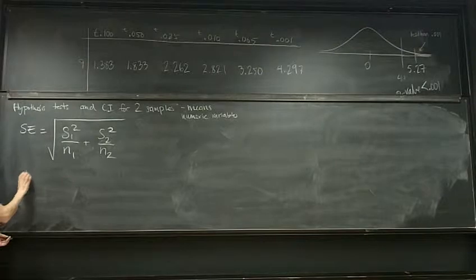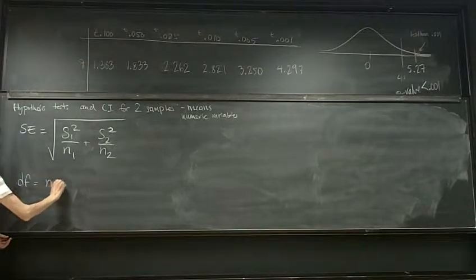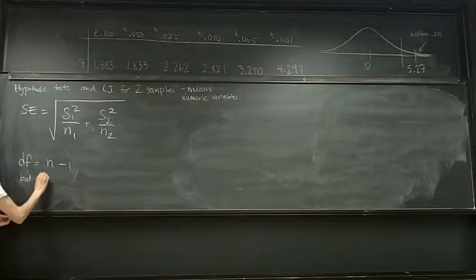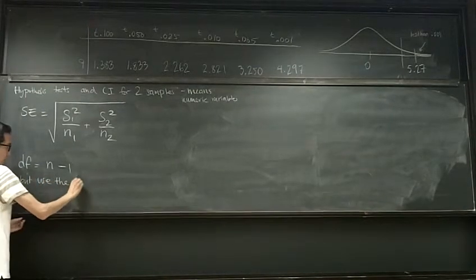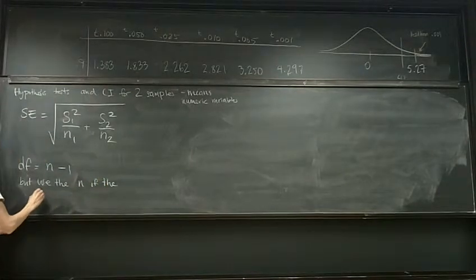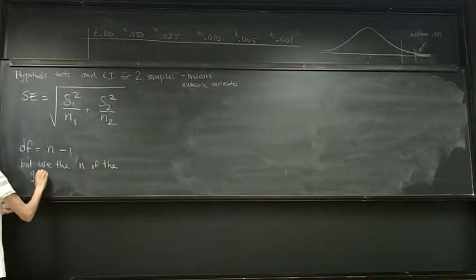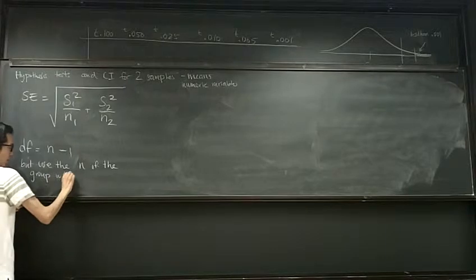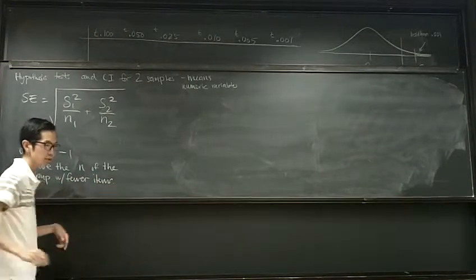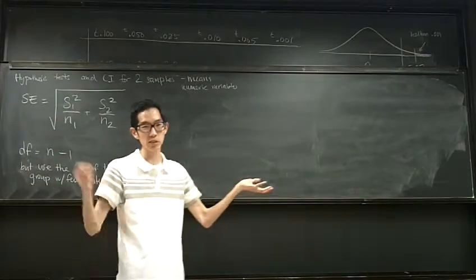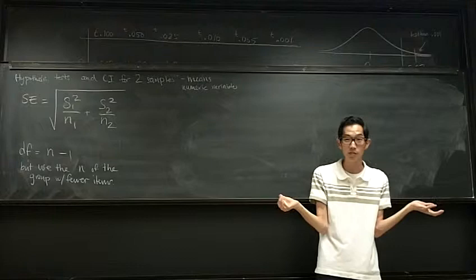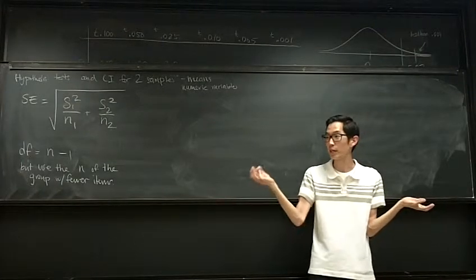And then the degrees of freedom is going to be n minus 1, but use the n of the group with fewer items. So if I took a sample of 10 men and a sample of 12 women, how many degrees of freedom do I have? 9, okay?